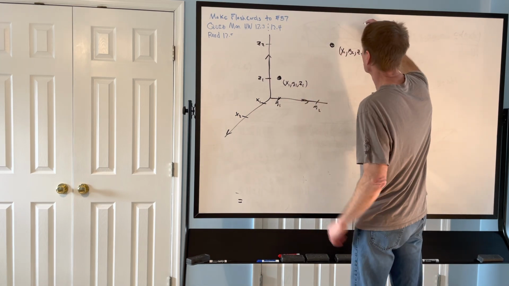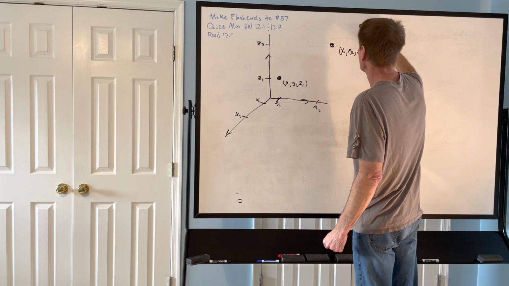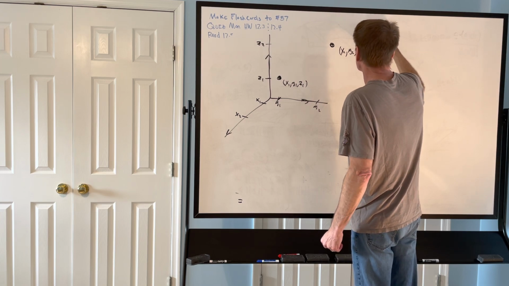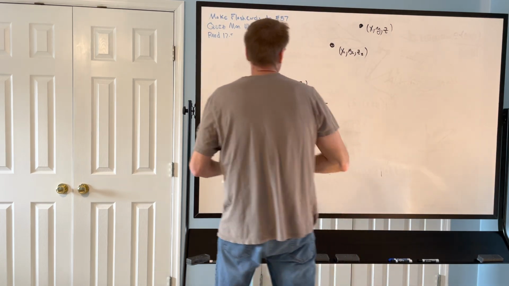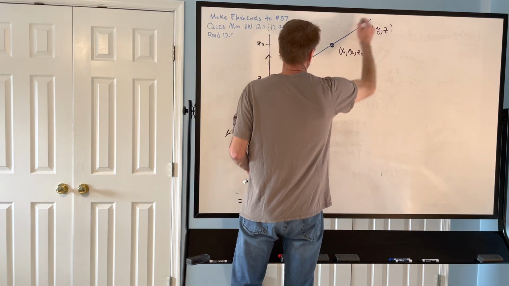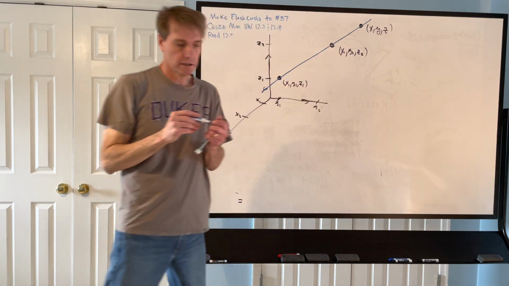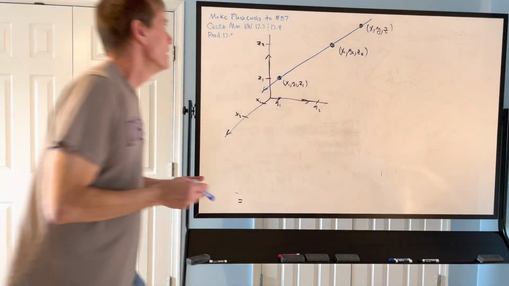Then we're going to pick an arbitrary point on our line here, x, y, z, and there's going to be a unique line that runs between my two points.